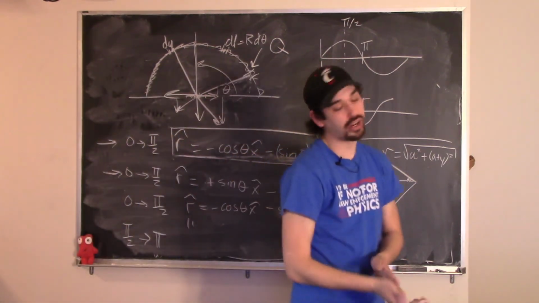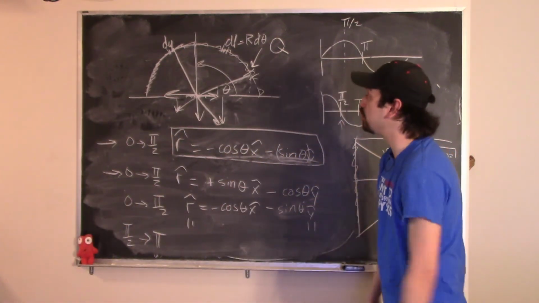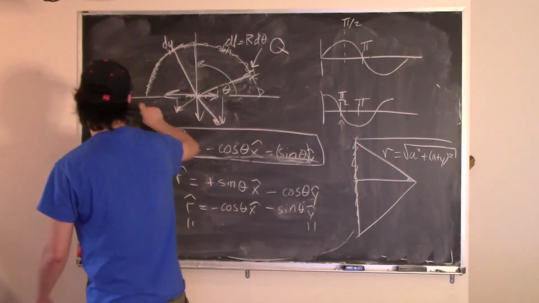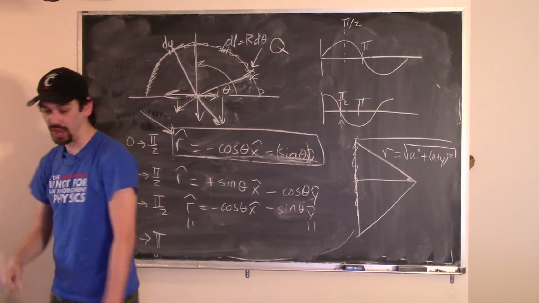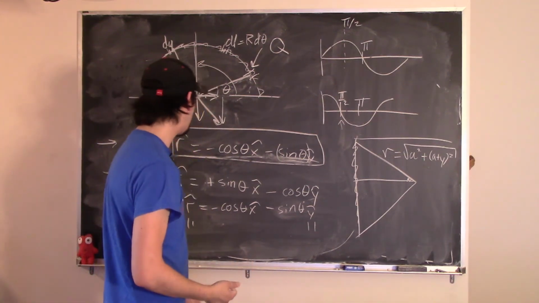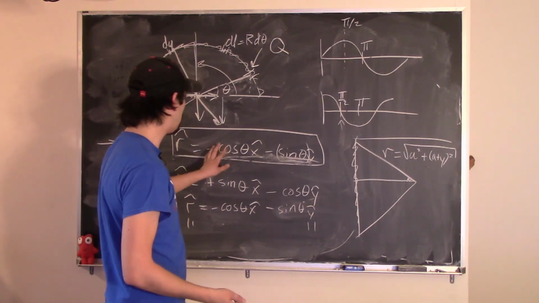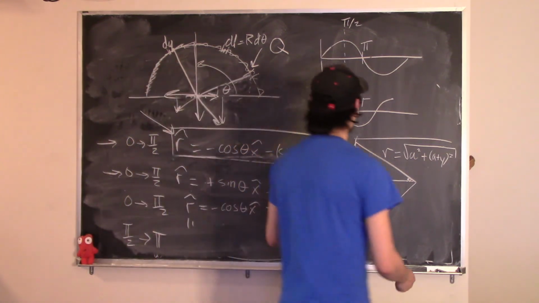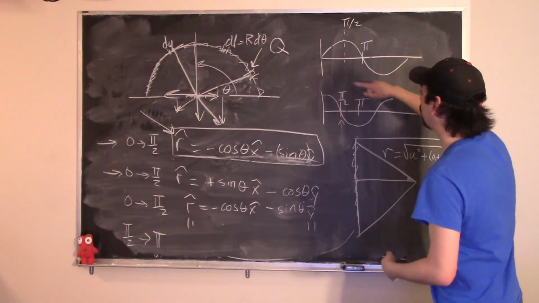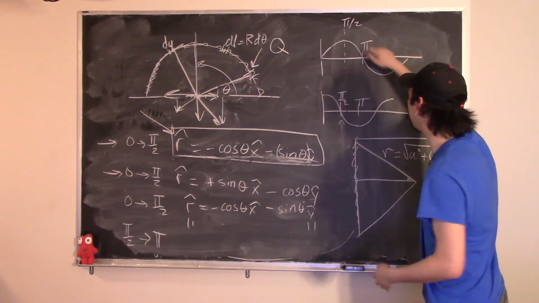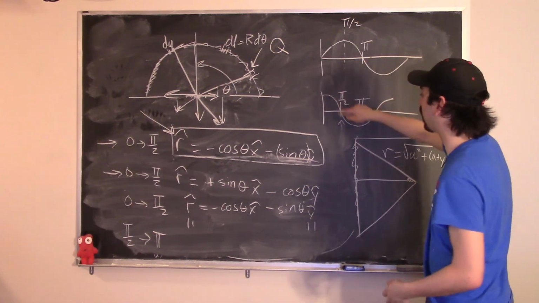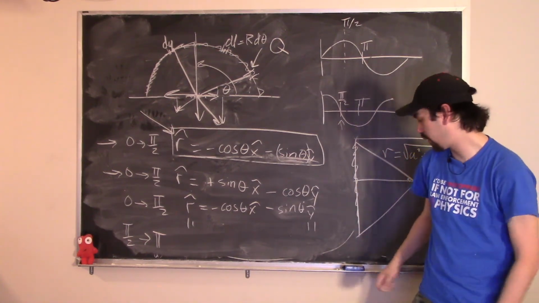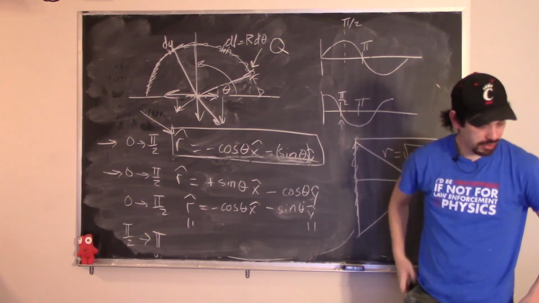And actually, if you always define theta from the positive x-axis, this will always be what r hat is, and all of the directions will be taken care of for you because of the way that sine and cosine change directions as you change the angle.